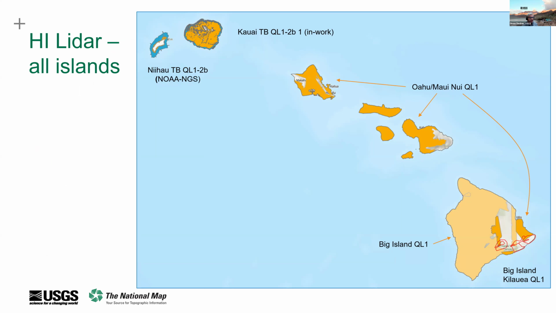But you can see this is what we were able to do within the funding and the tasking and the times available. So I think there'll be future LiDAR in work for Hawaii, both to fill in gaps, also recollect data that may be necessary here or there. And so that's something that will become part of this, hopefully, in the not too distant future.